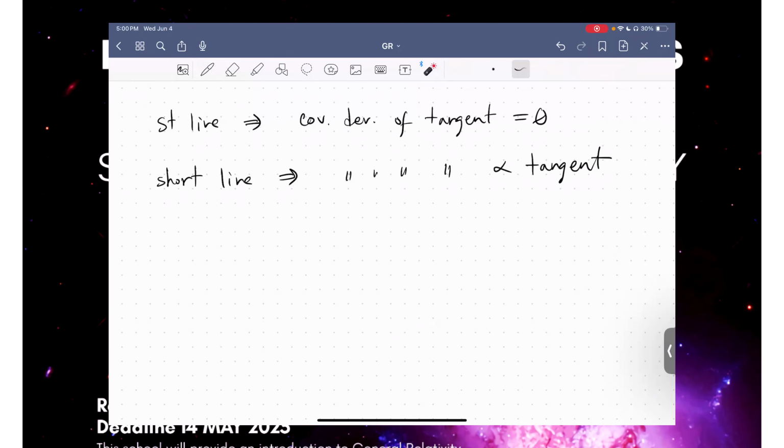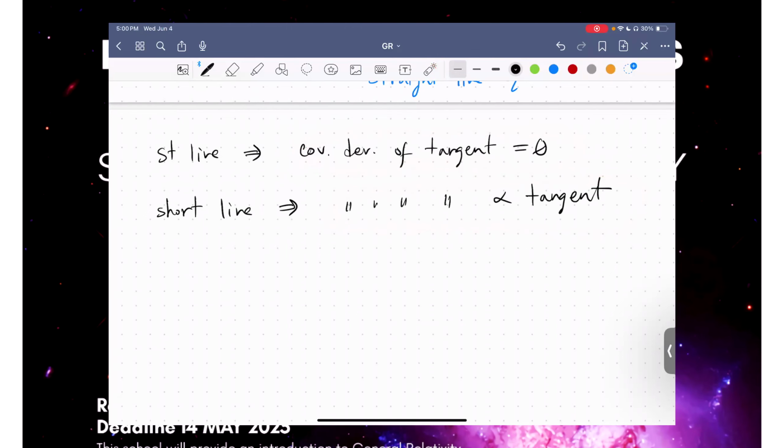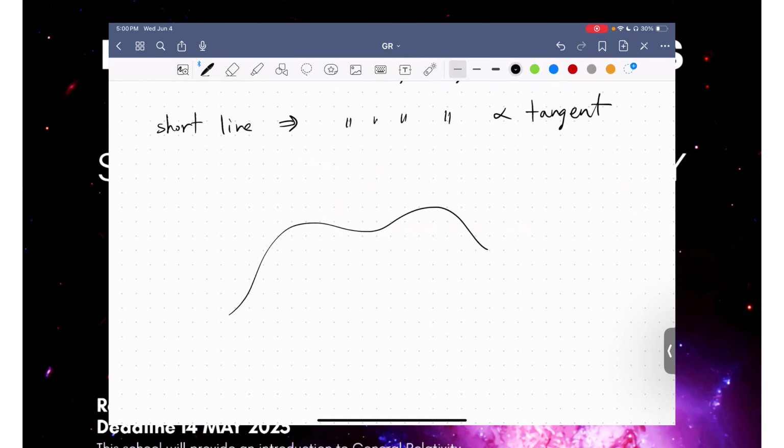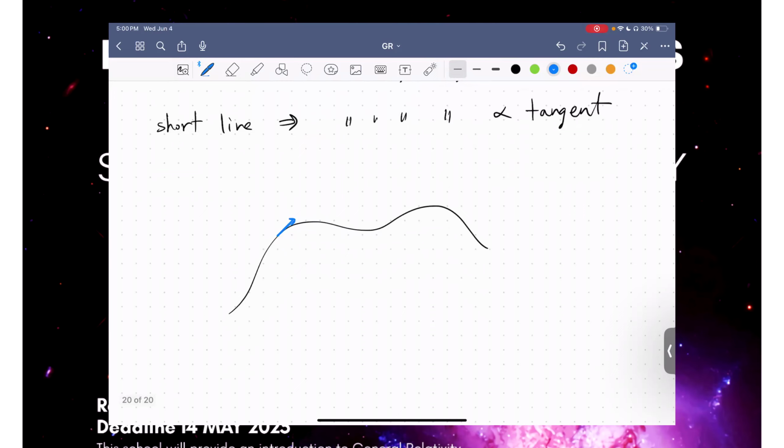But now I want to make the claim that these two conditions define the same curve because of the following reason. Suppose you have this curve and you have this tangent vector at some point. The covariant derivative of the tangent vector tells you how this tangent vector is moving along the curve itself, right?